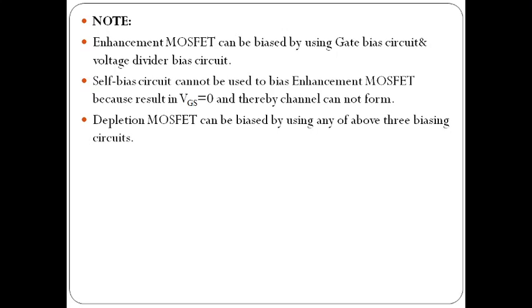Depletion MOSFET can be biased by using any of the three biasing circuits. Whatever biasing circuits we use for the JFET can be used in the depletion MOSFET, but not in the enhancement MOSFET. In enhancement MOSFET, we can use only gate bias and voltage divider bias, and we cannot use self bias because the result is VGS of 0, thereby the channel cannot form.